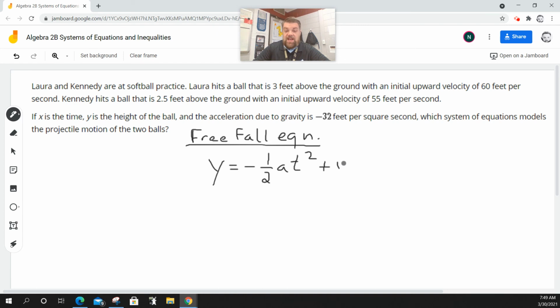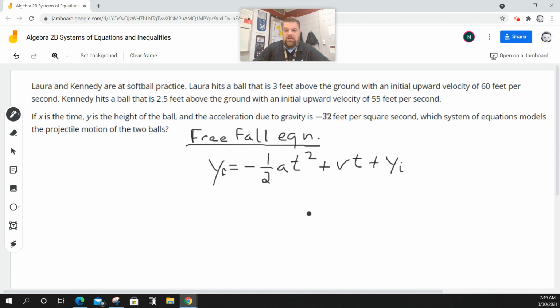Plus the velocity times time, plus the initial position, which in some cases this would be like y final, and this would be like y initial, which would be the height.